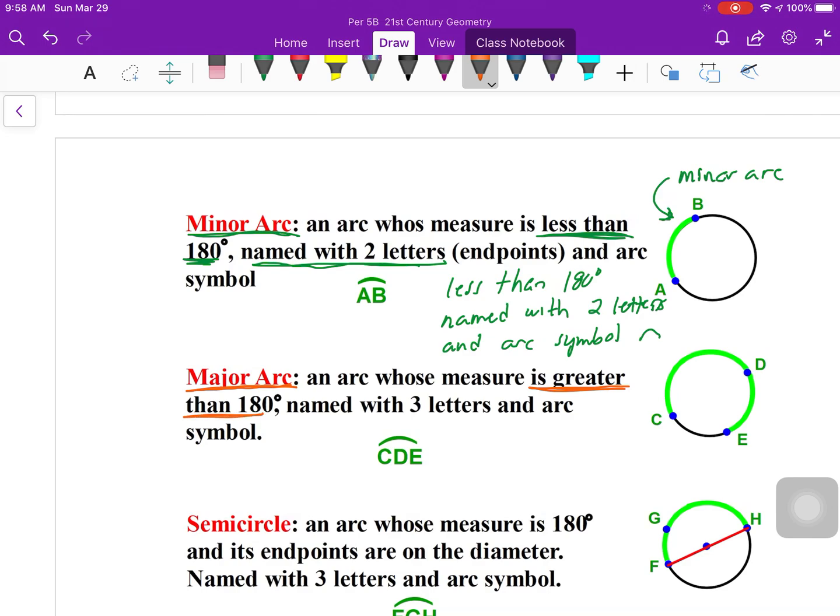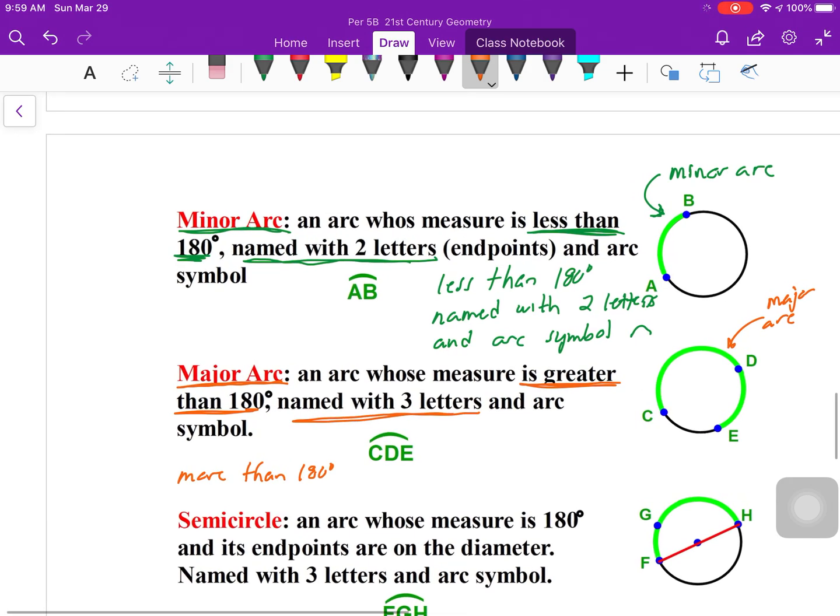A major arc, on the other hand, is greater than 180, and it's named with three letters. So this would be a major arc. So it is more than 180 degrees, which is half of a circle. And it's named with three letters.